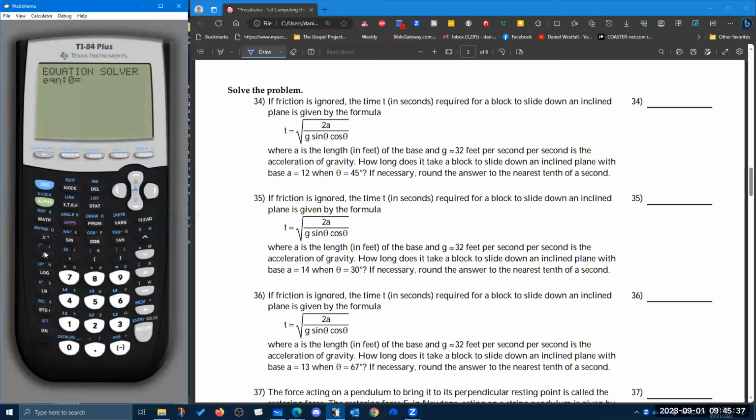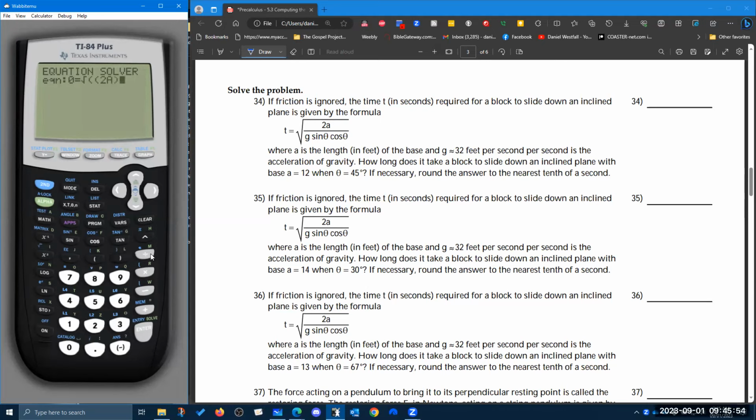So second square root of, and now I have an expression that's a fraction. So I'm going to put the numerator in parentheses 2. I know this is a little a, but I'm going to put a capital A in my calculator because I can only use capital letters.